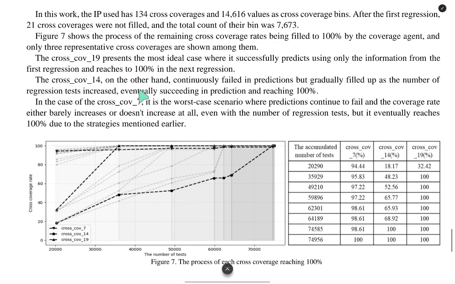In the case of cross coverage 7, it's the worst-case scenario where predictions continue to fail and the coverage rate either barely increases or doesn't increase at all even as the number of regression tests grows, but it eventually reached 100% due to the strategies mentioned earlier.